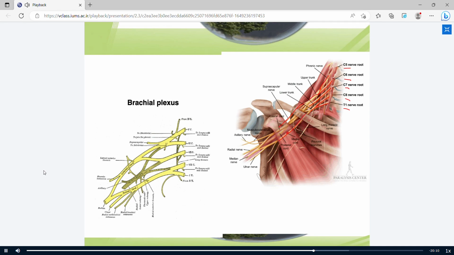And after that, there are different nerves, for example, the radial, axillary, ulnar, and median nerves, arising from the lateral, posterior, and medial cords of the brachial plexus.